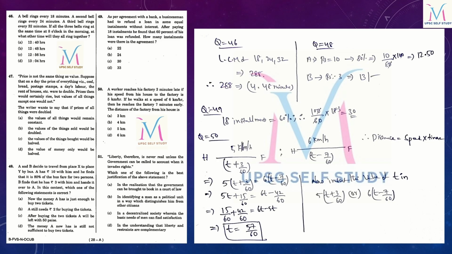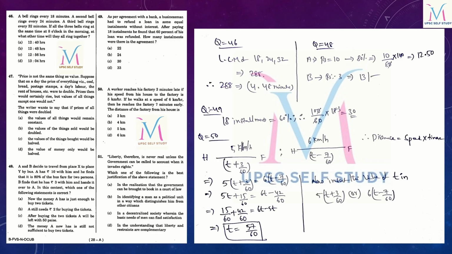Okay, and in the second case, same, from house to factory he is walking at 6 kilometers per hour. We don't know the actual time, but he is getting there 7 minutes early.